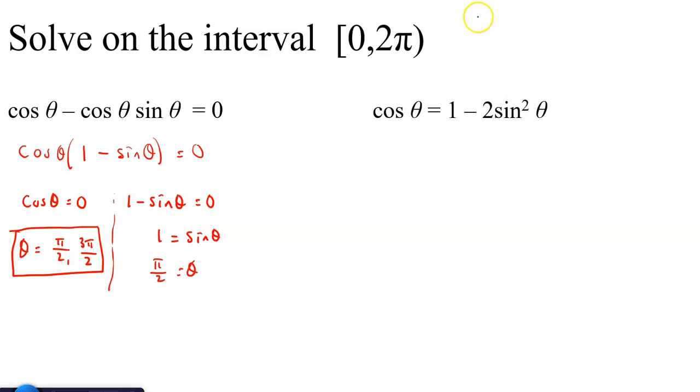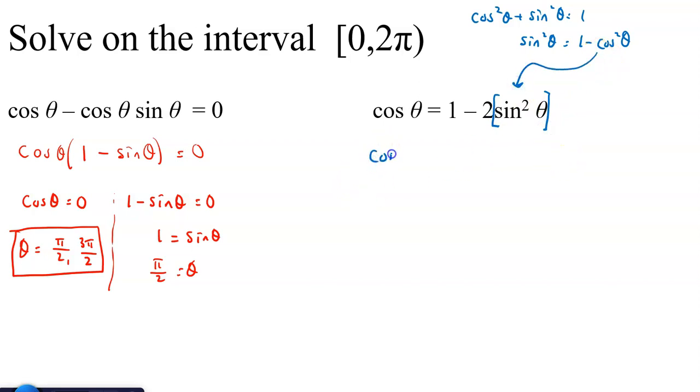So I know that cosine squared theta plus sine squared theta equals 1. So if I subtract a cosine squared from both sides, sine squared equals 1 minus cosine squared. And that's what I'm going to replace this sine squared over here with.